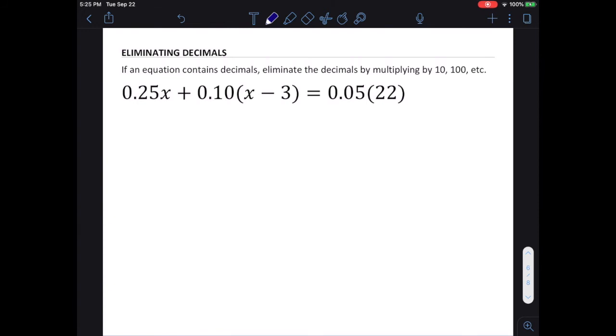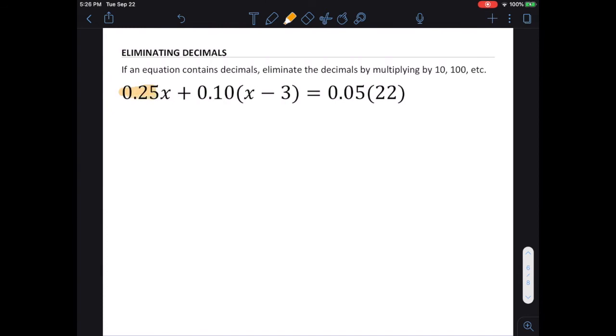So there is a way that we can eliminate all of the decimals, and it's simply by multiplying by a number like 10 or 100 or 1,000 or 10,000. It just depends on how many decimal places we have. So in this case, we have 2 decimal places in each one of these decimals, and each term begins with a decimal, right?